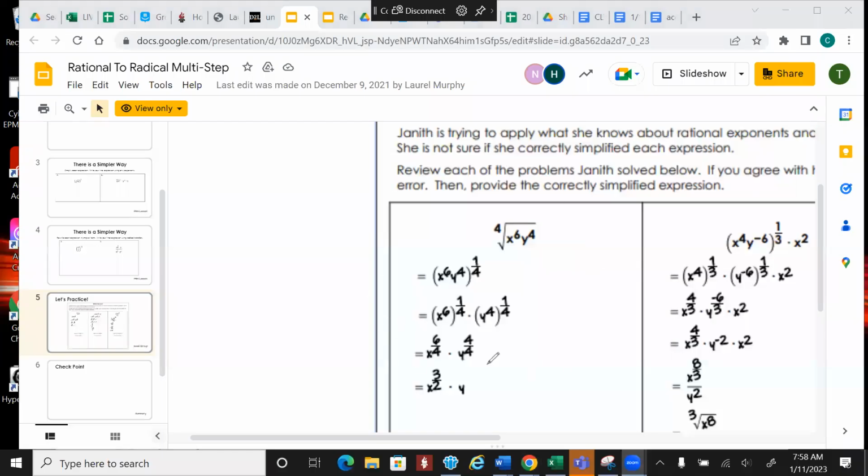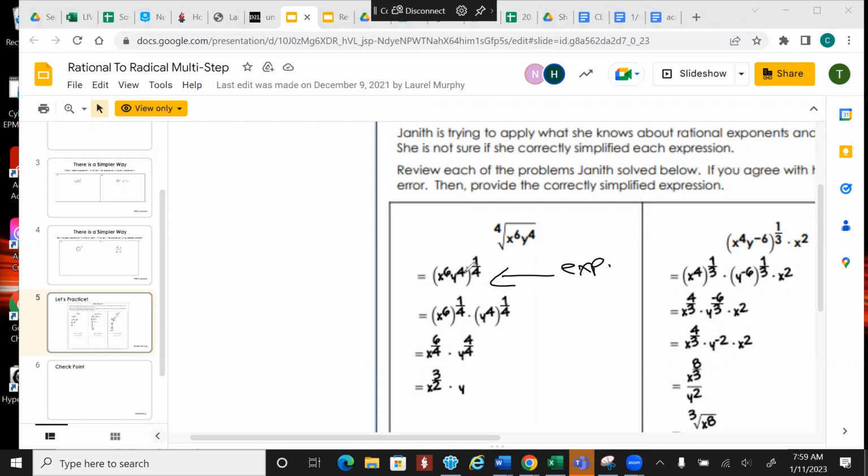Okay, looking at this first one, did they do this correctly? What's the first thing that they did? They wrote it in rational exponent form, right? Okay, so they put it in an exponent form. Okay, then what did they do? Start working it out.